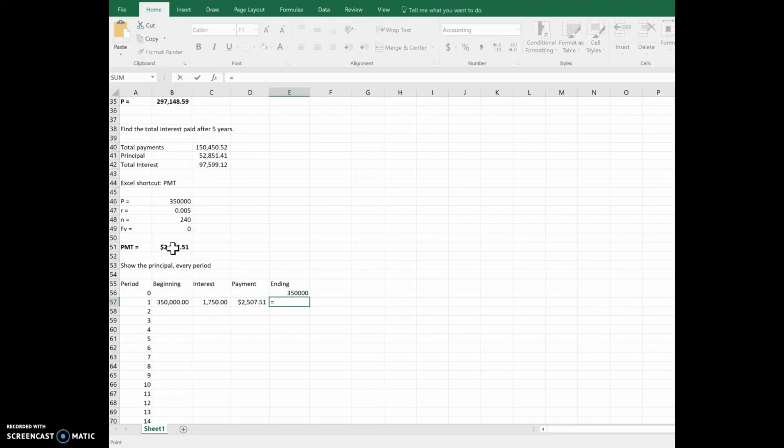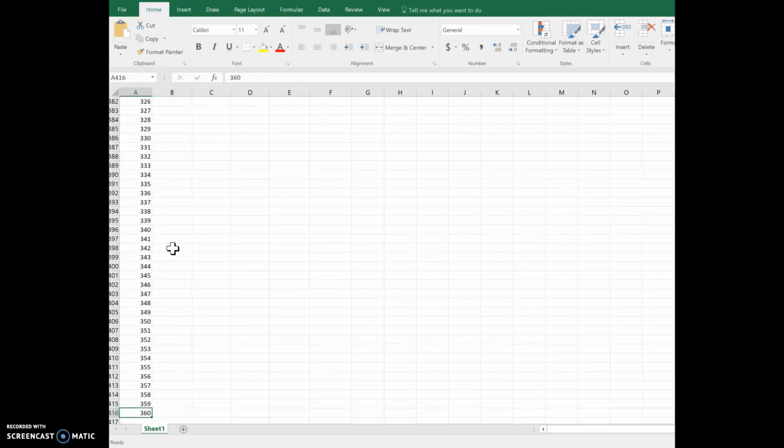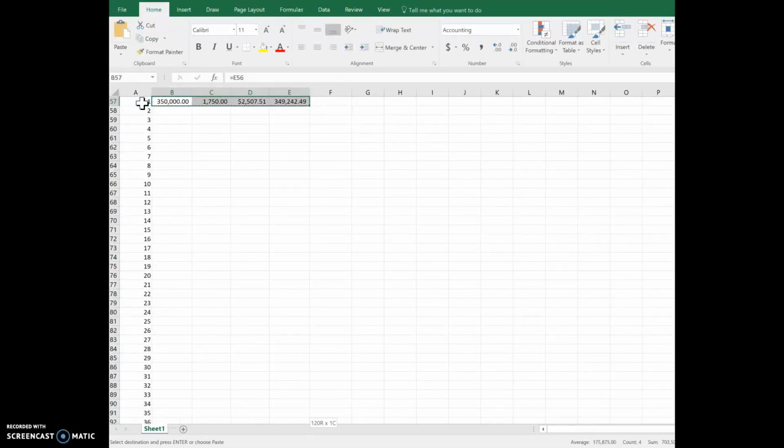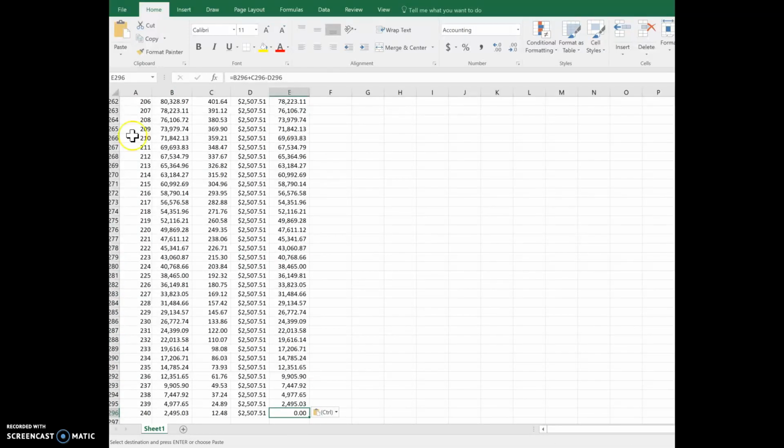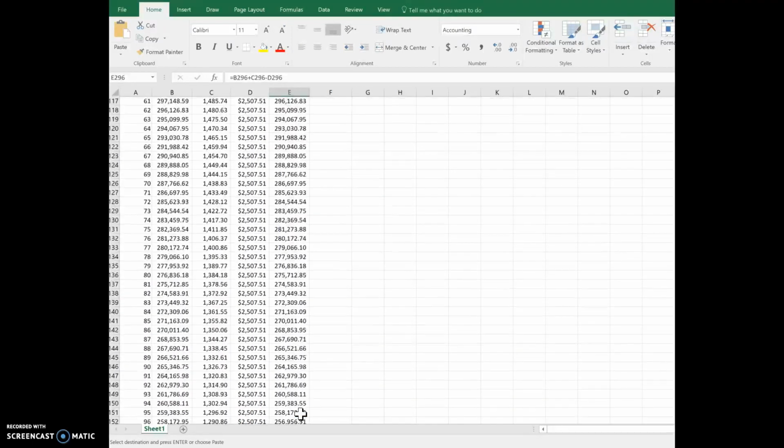The ending balance would be the beginning balance plus the interest less the payment. If we do it for 20 years, which is 240 months, we expect that at the end of 240 months, the balance should be 0.